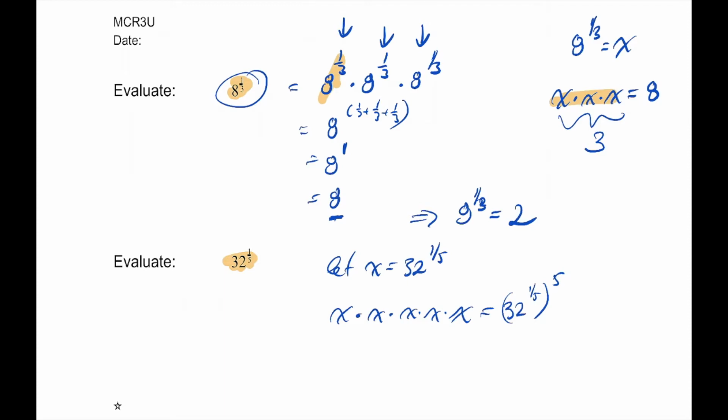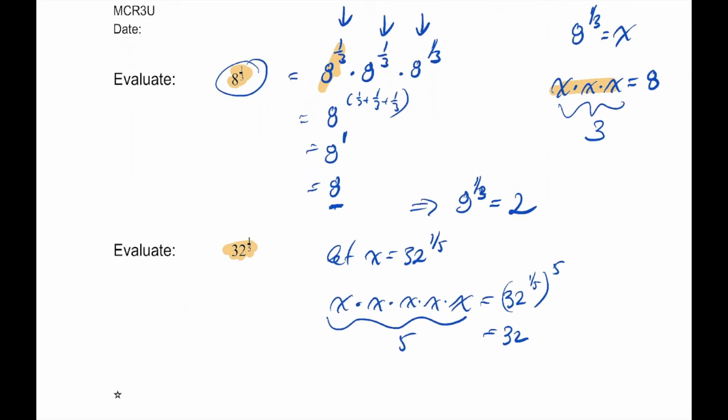So what number multiplied by itself 5 times is going to equal 32? A little mental math tells me that it's actually 2 again. So 2 times 2 is 4, times 2 is 8, times 2 is 16, and times 2 one last time is 32. So we recognize that 32 to the power of 1/5 is also equal to 2.